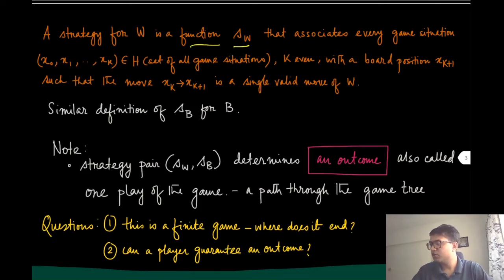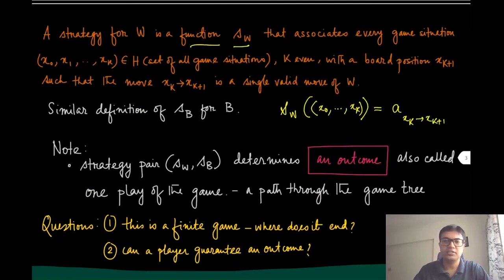So if you want to write this out, SW takes as input a specific history, let's say x0 to xk. This is the history of the game situation, and it just pops out one action which takes xk to xk+1. So this is the meaning of the strategy.